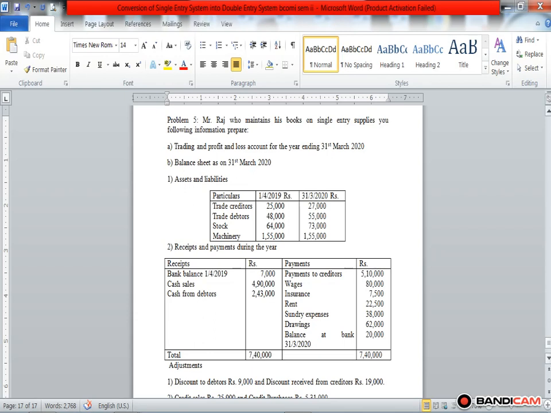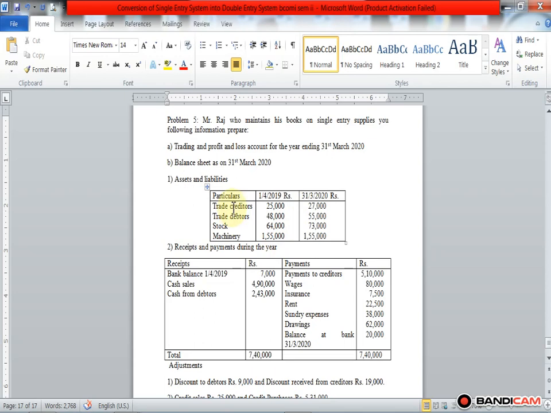First point, assets and liabilities are given to you. Here, particulars, second column 1st April 2019 rupees, third column 31st March 2020 rupees. So the opening and closing balances of creditors, debtors, stock and machinery are given to you.